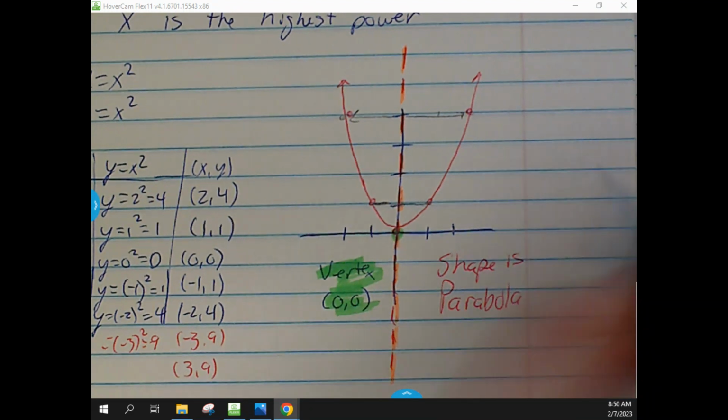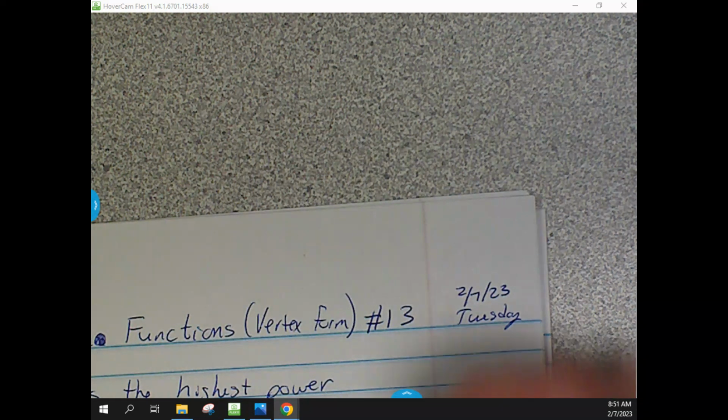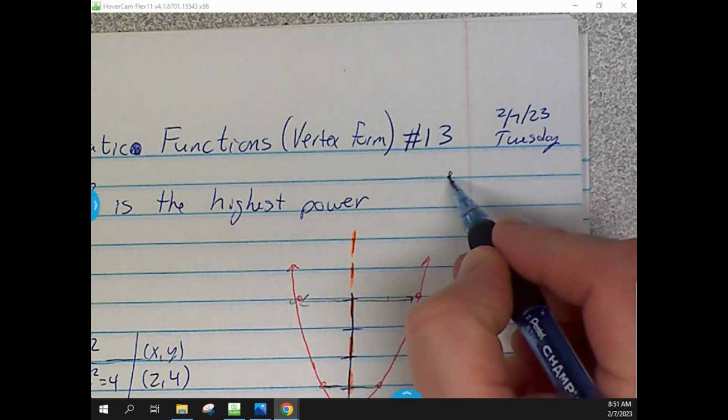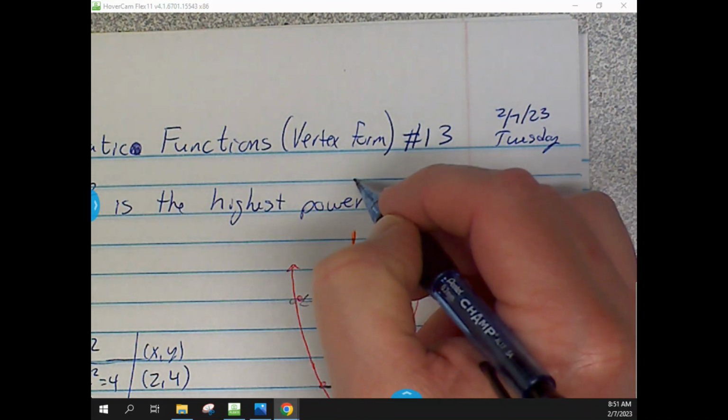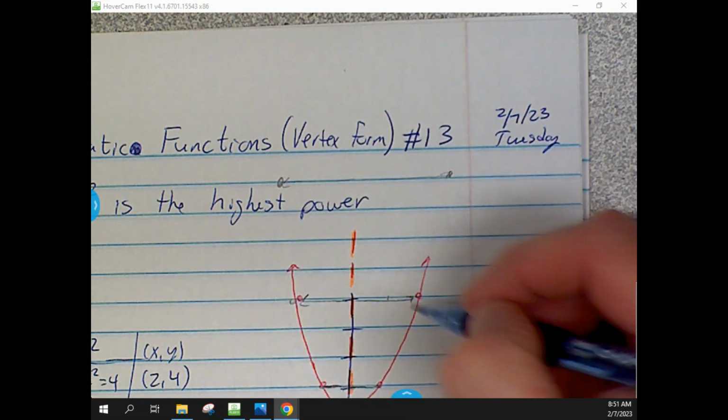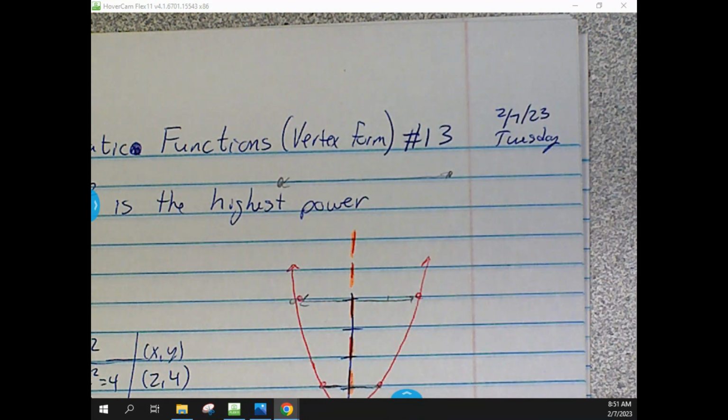And that's what the axis of symmetry is doing. So if we found another point that was 3 spaces this way, then according to the axis of symmetry, you could go 3 spaces the other way and put another point there, and then you connect those points. So you can just keep extending this graph out. When you're doing x squared, you don't really have to do both sides of it.